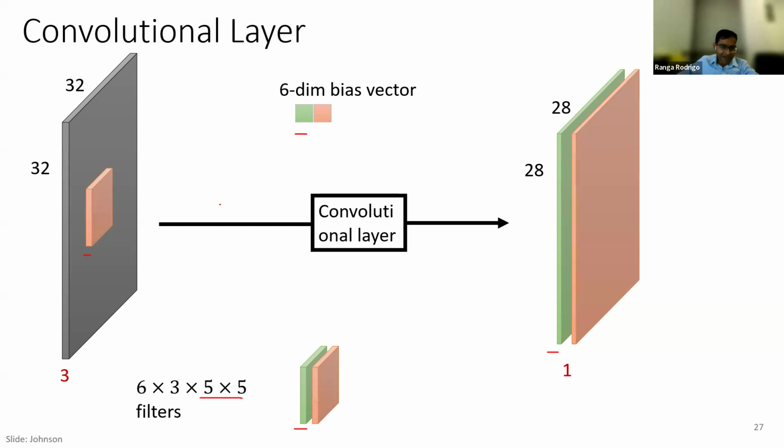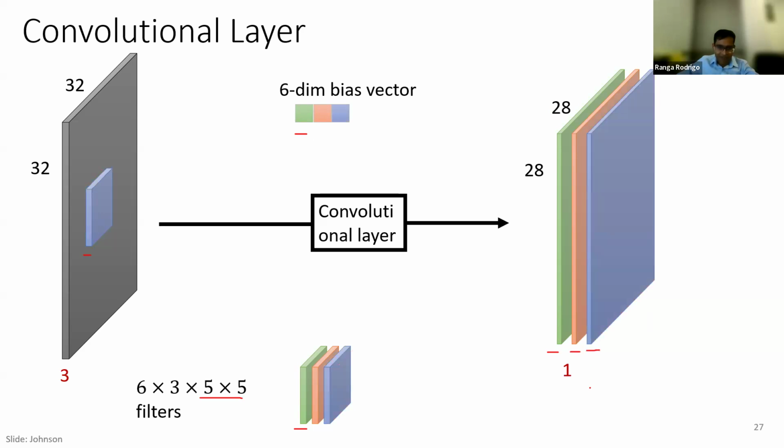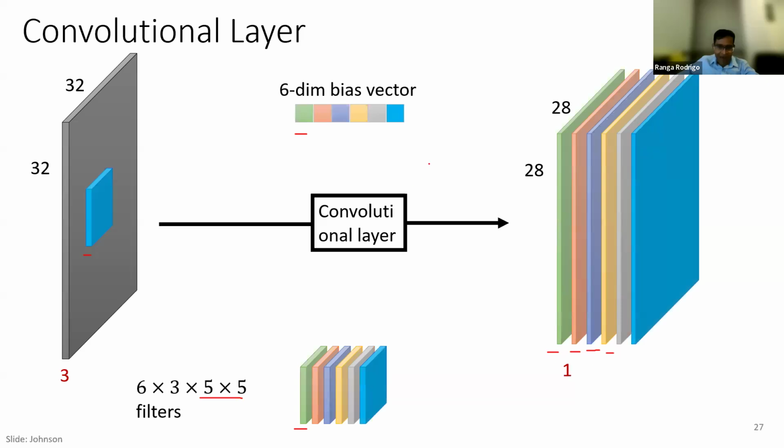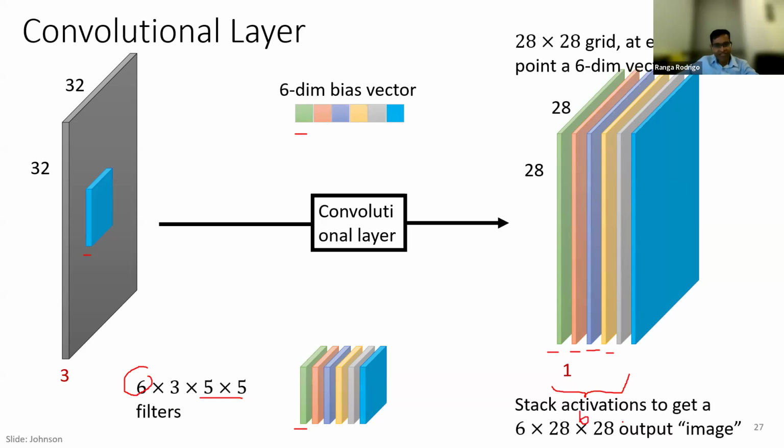Another convolution kernel gives another feature map. Another convolution kernel gives another feature map. Like that, I am considering there are 6 such filters. Therefore, this tensor will have 6 channels, because there are 6 convolutional kernels.